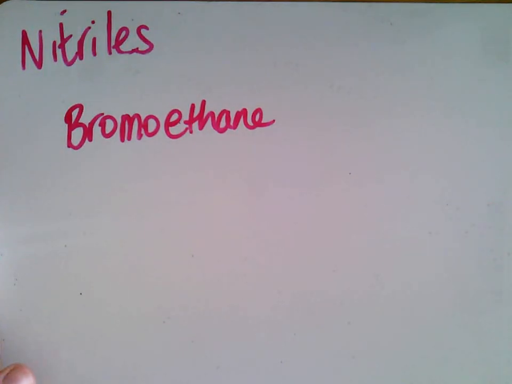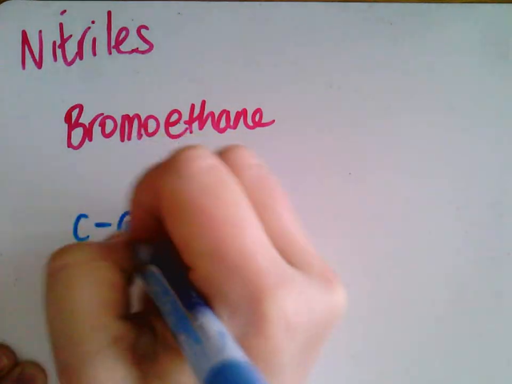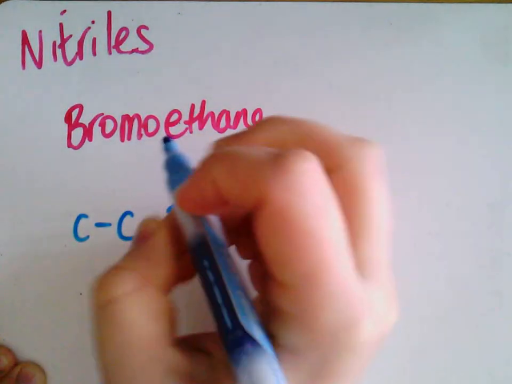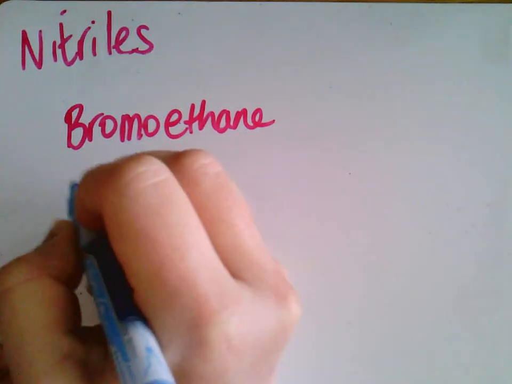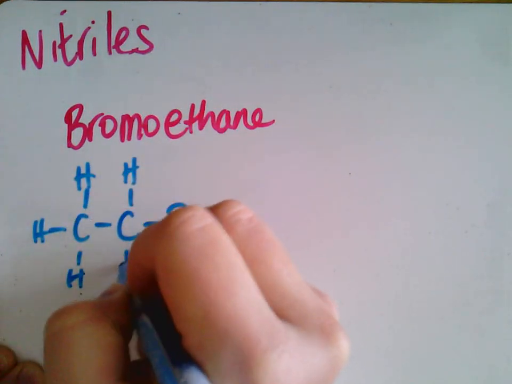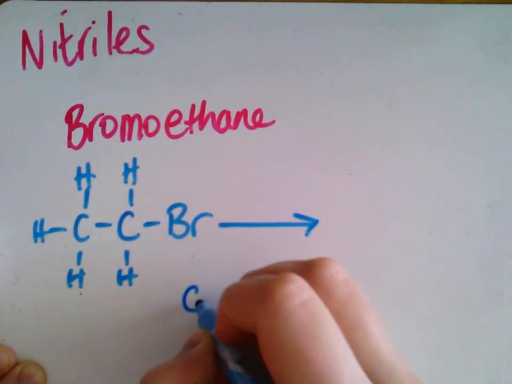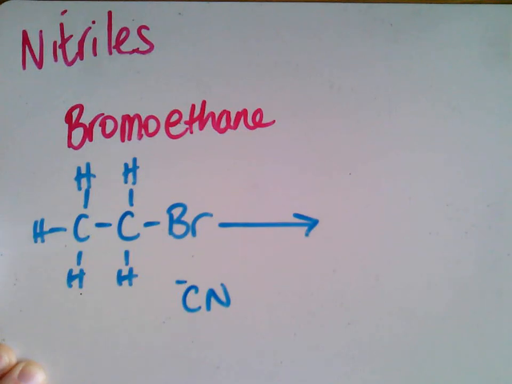So here we go with our first one of those, bromoethane. I'm going to keep my bromine on the right just because it's in a good position to then show the substitution with my cyanide.